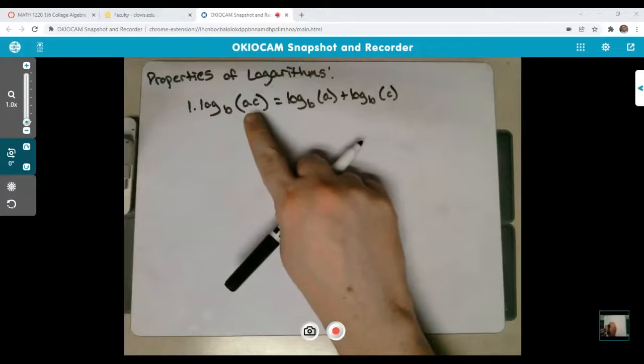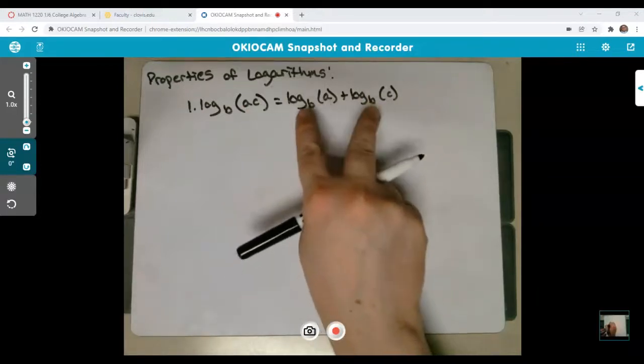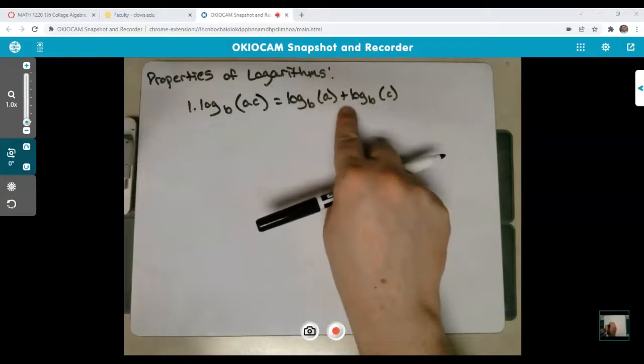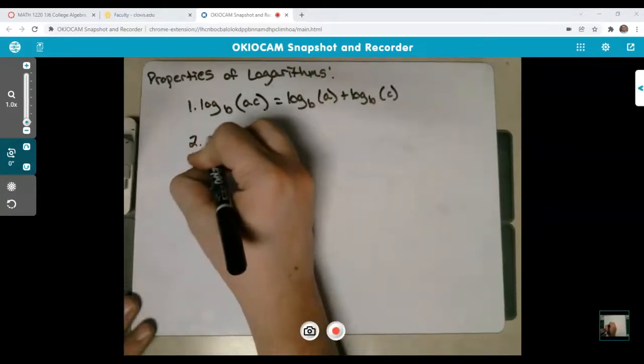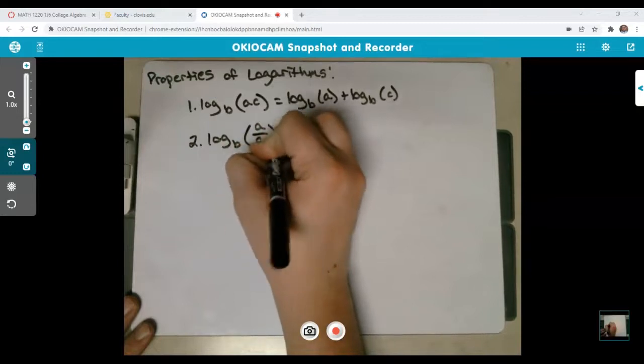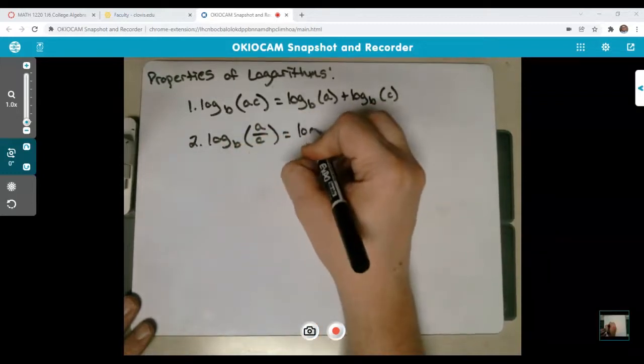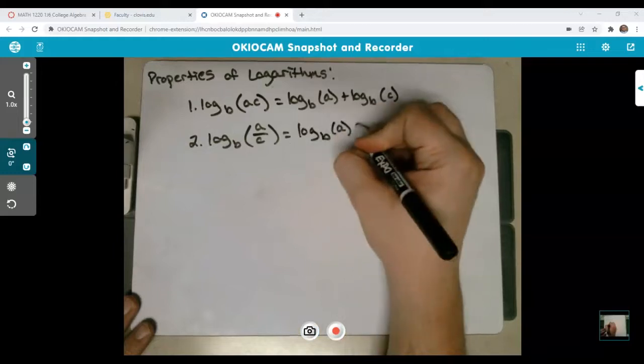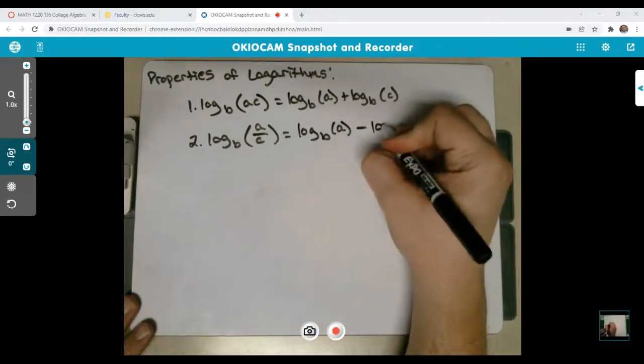So if there's multiplication happening inside of it, I can split it up and make it two terms by saying plus. If I'm dividing inside of there, so a divided by c, I can also split this into two, but I can do so by subtracting.